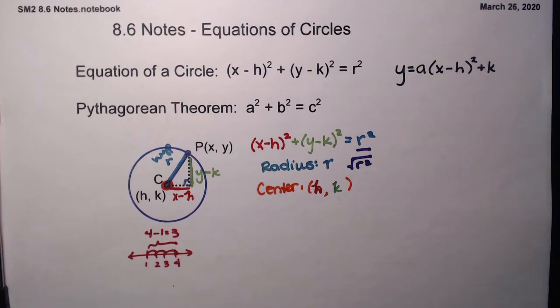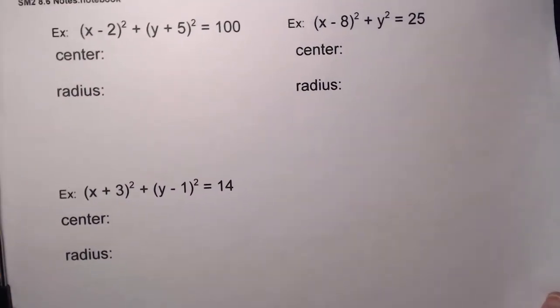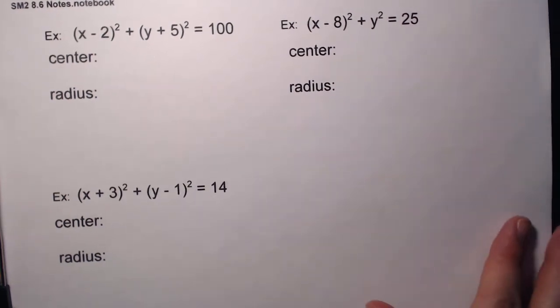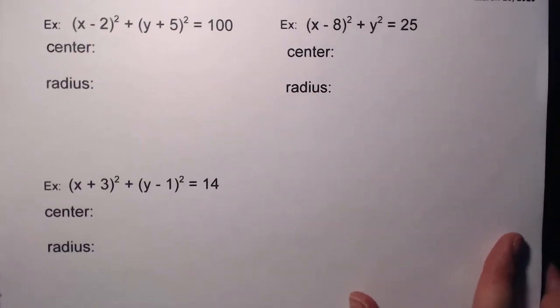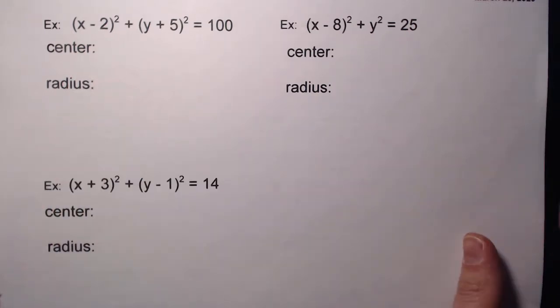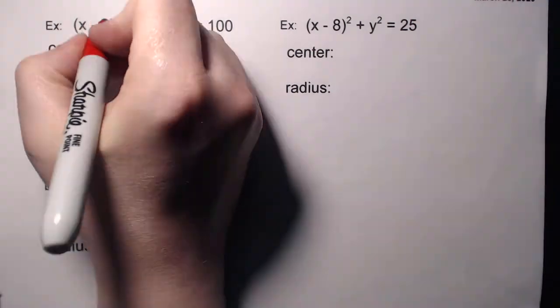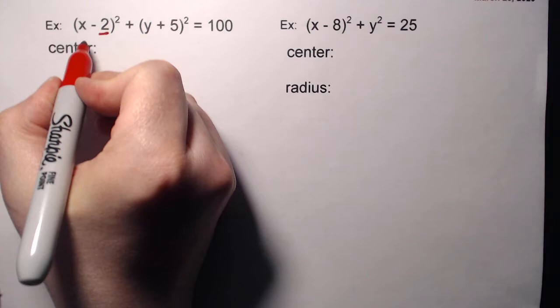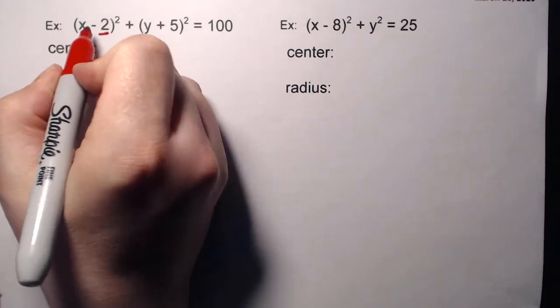Okay, so we'll look at an example. So we have this first one. Make sure you guys can see that. We're just going to fill out the information for the center of the circle. So just like I was saying, this is your h value when there's a subtraction here.